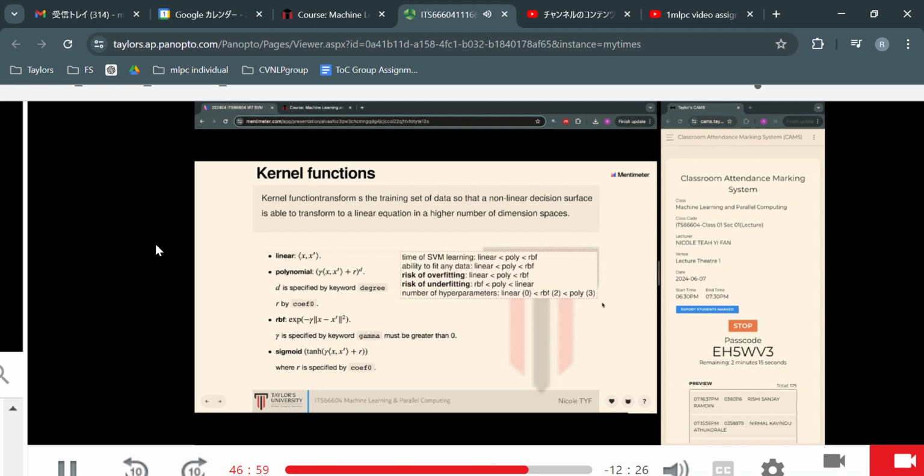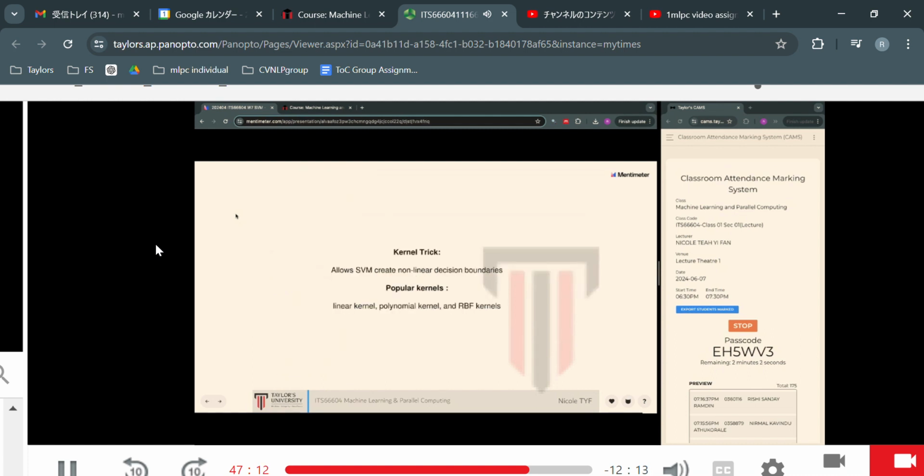So what are the hyperparameters that lie behind this kernel function is something that you can refer to in the scikit-learn package and the support vector machines documentation. Okay? So what we just discussed is the kernel trick that comes along with support vector machines.